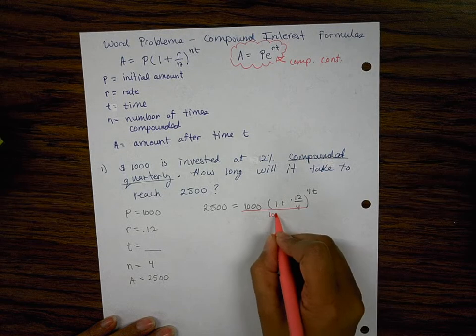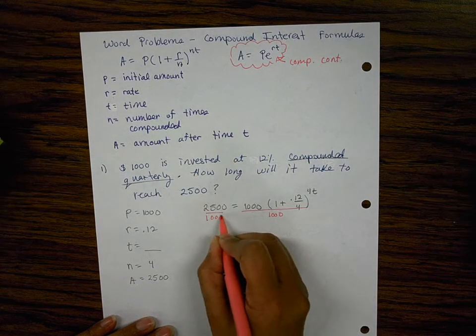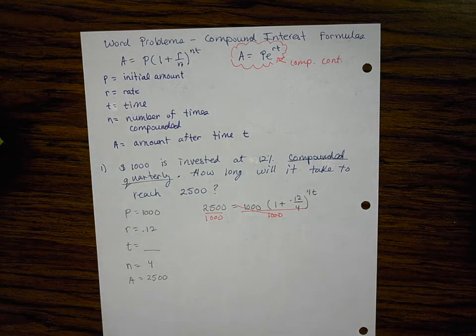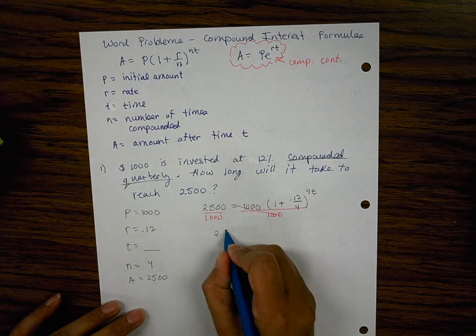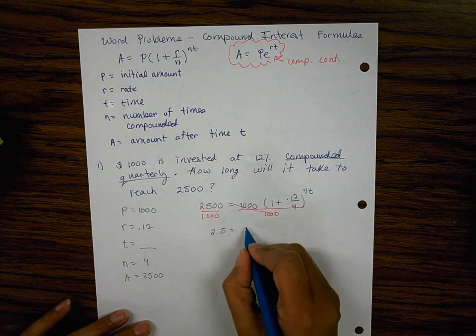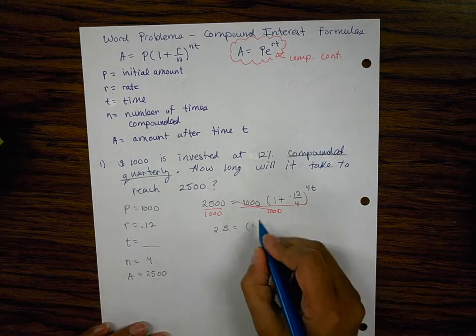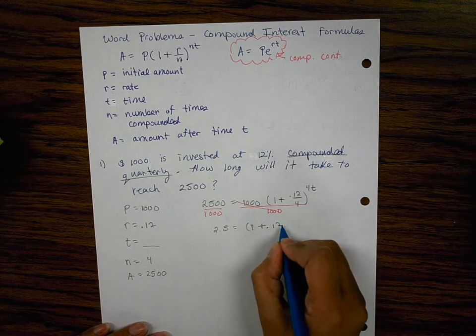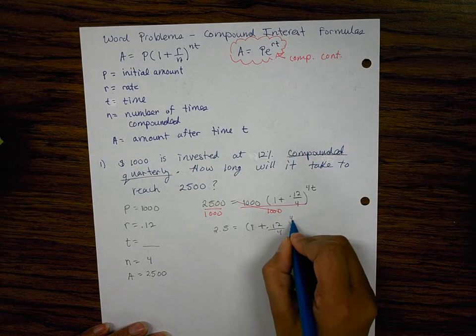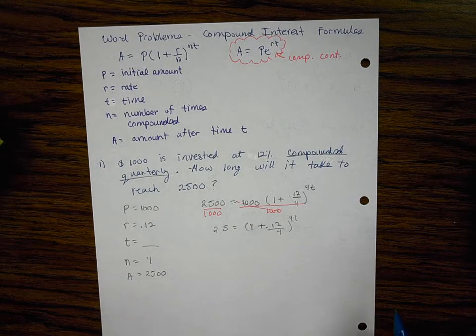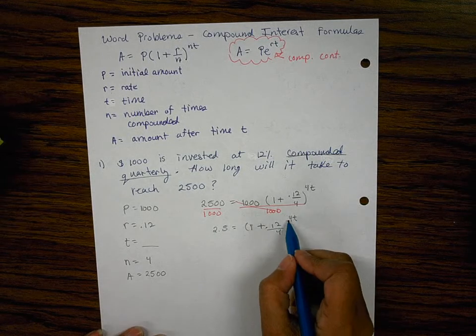All right, first thing we're going to do is divide by the 1,000. 2,500 divided by 1,000 is 2.5. Equals, parentheses, 1 plus 0.12 over 4 raised to the 4t.